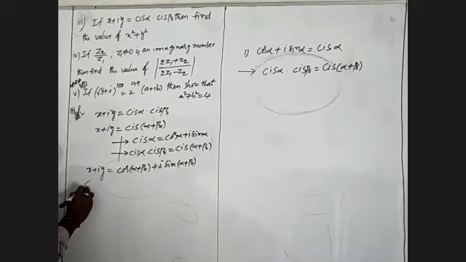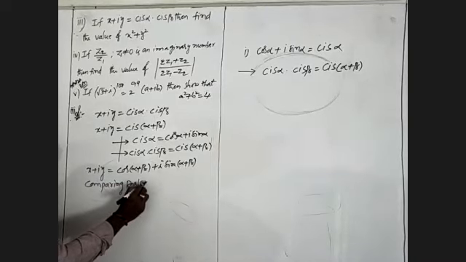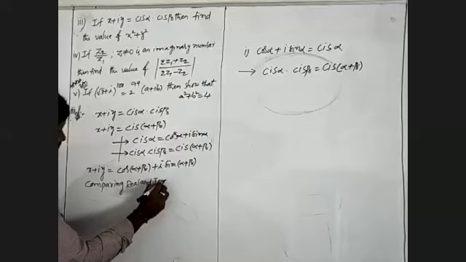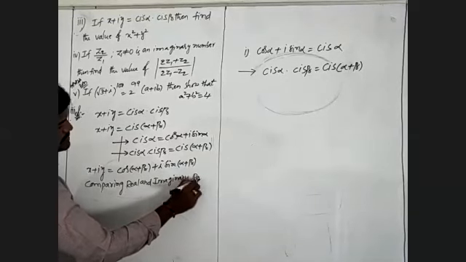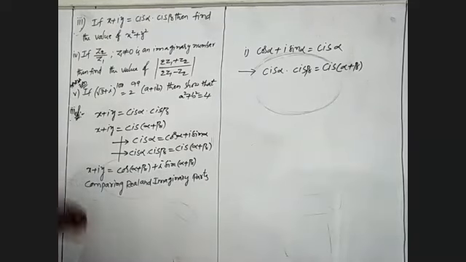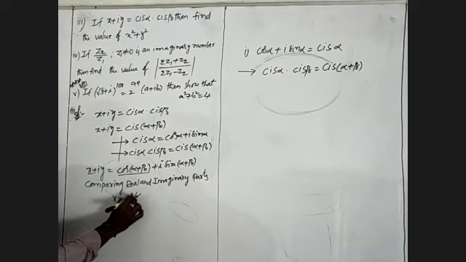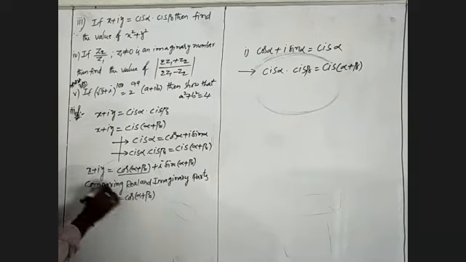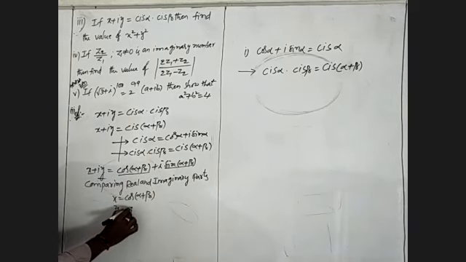Comparing real and imaginary parts, we get x is nothing but cos of alpha plus beta, and y is nothing but sin of alpha plus beta.